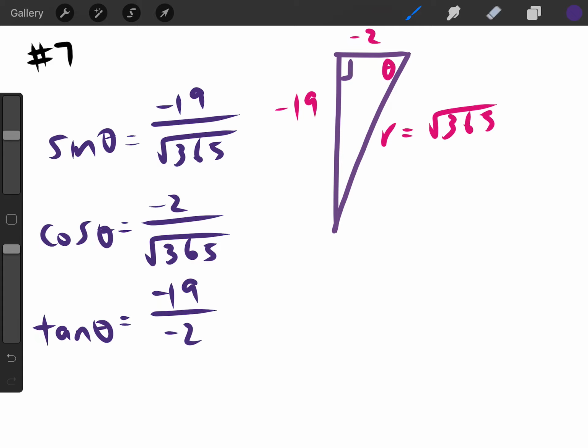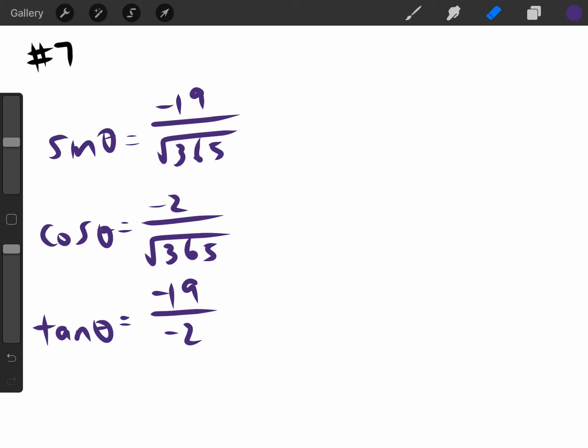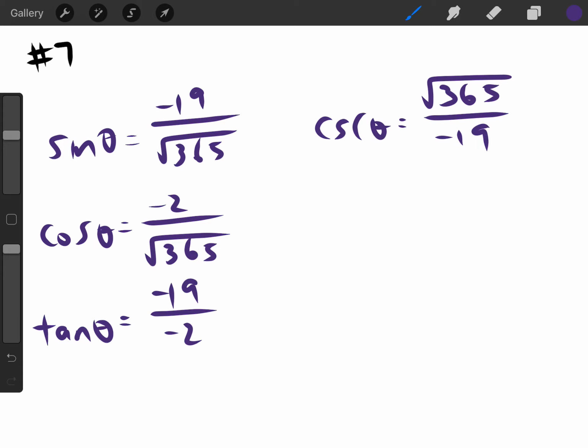Okay, let me erase these for more space. And then you've got cosecant. That's going to be the reciprocal of sine, so rad 365 over -19. Secant is the reciprocal of cosine, so that's going to be rad 365 over -2.